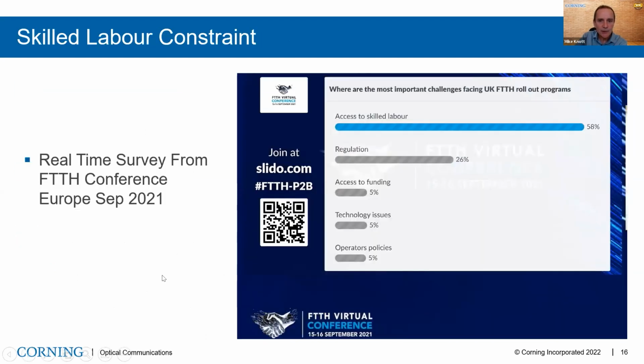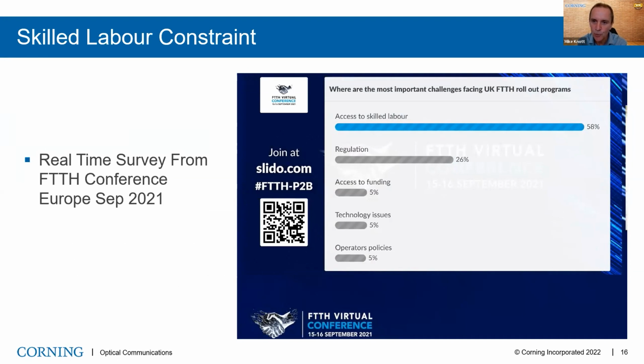I mentioned skilled labour. I also mentioned the Fibre to the Home conference. There was a session in the last conference, which was also an online conference back in September 2021, and that session was focused on the UK Fibre to the Home rollout. And there was one of these online polls at the time.